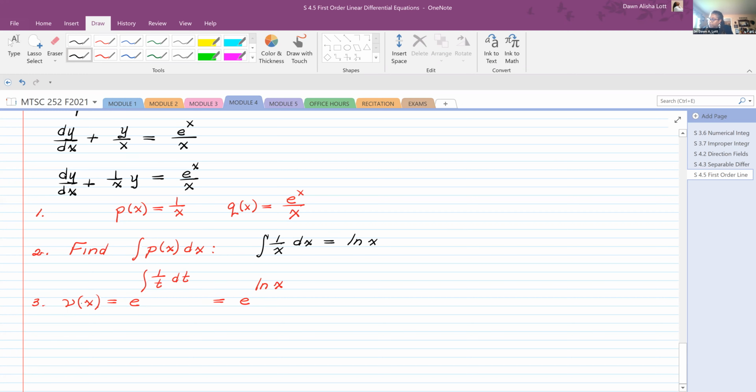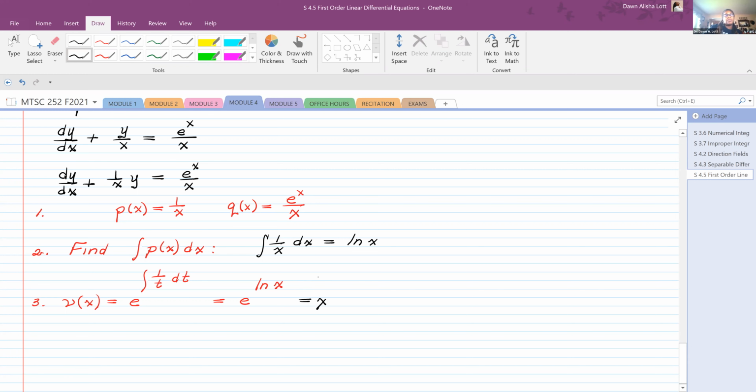So nu is just e to the log of x. Now simplify that for me. What is e to the log of x? It's just x.